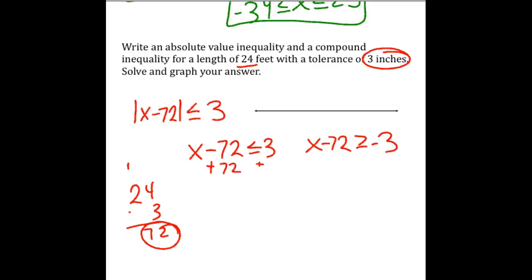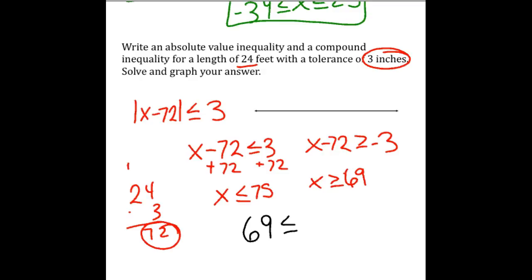When you solve these, you get some nice numbers. x is less than or equal to 75, and x is greater than or equal to 69. So what's really happening is that the measurements for your object are in between 69 and 75.